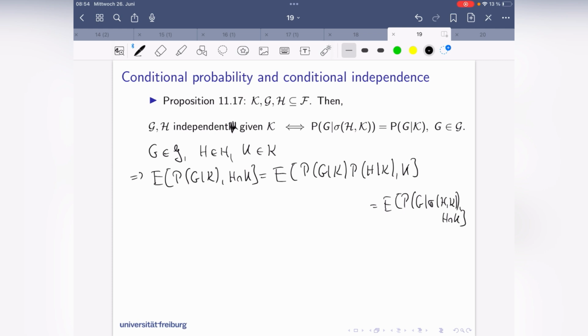I have to now use what I have here on the left-hand side. They're independent given K. And I have here the product. And that means I can translate this to P of G intersected with H given K on the set K.